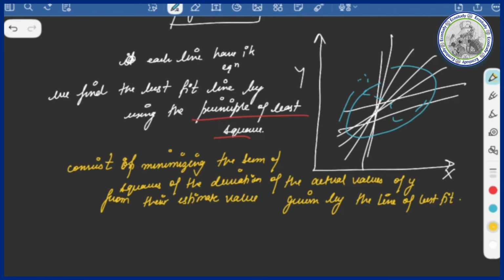Okay, so what does it mean? It means that the principle of least square consists of minimizing the sum of the squares of the deviation of the actual value y minus the estimated value.